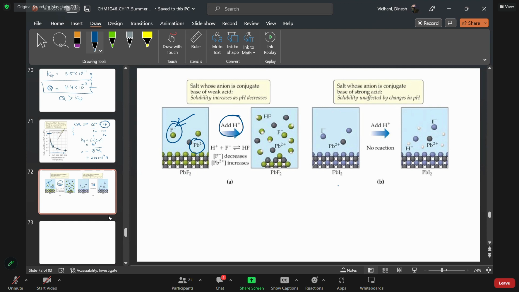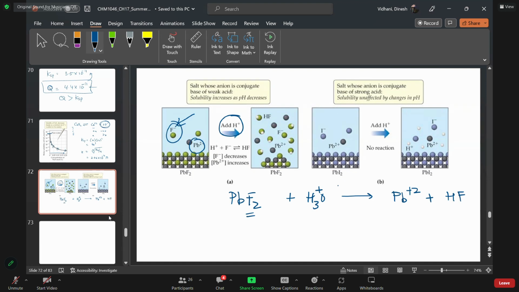Why is that? Because think about the two equilibria. Say, for example, I'm adding H3O+, hydronium ion, right? It can be any acid. What happens in this case? Well, quite simple. It's going to form Pb2+ and it's going to form HF, hydrogen fluoride.